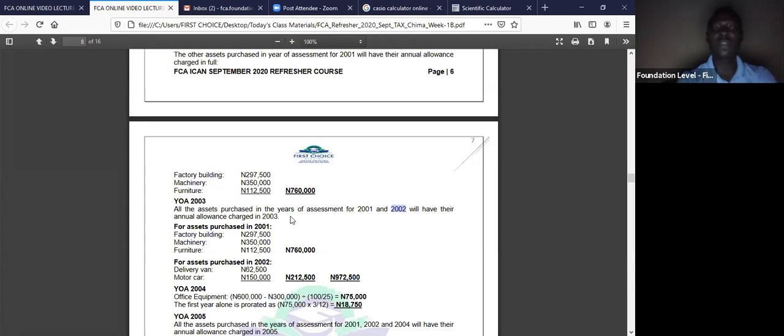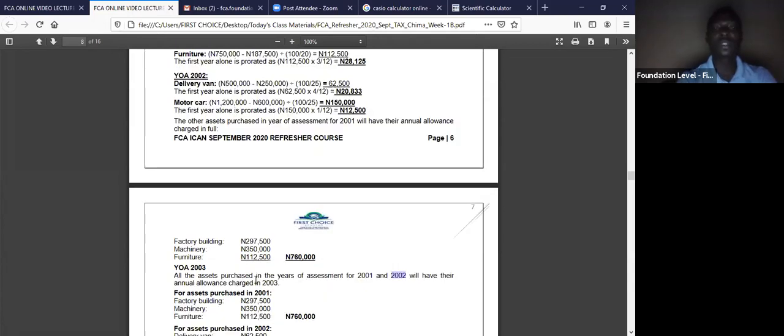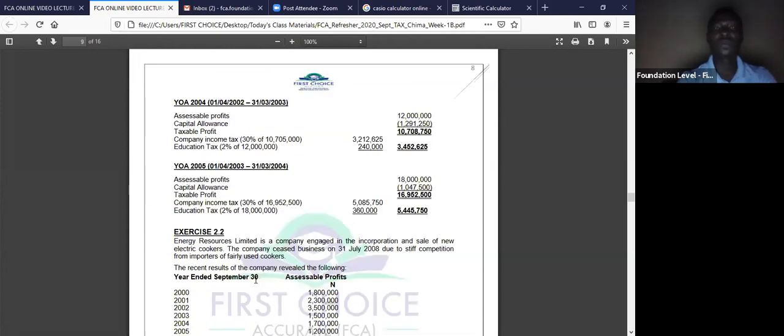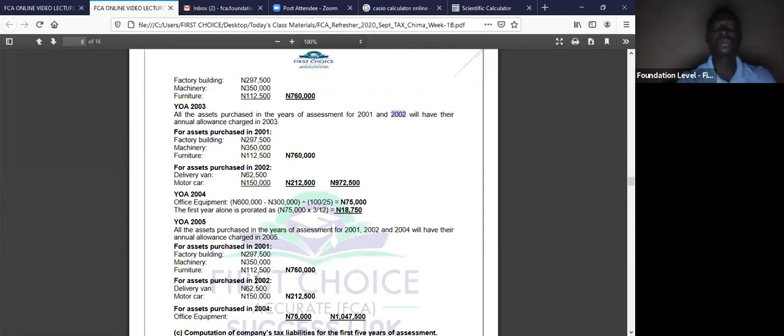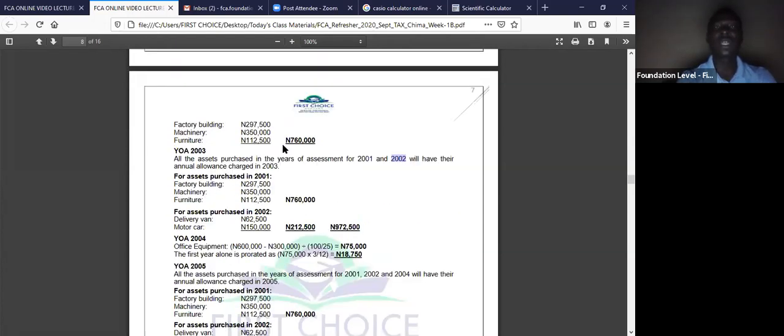We established before that assets bought in 2001 gave us 760. So here we have repeated it again to give us 760 as our annual allowance each year.